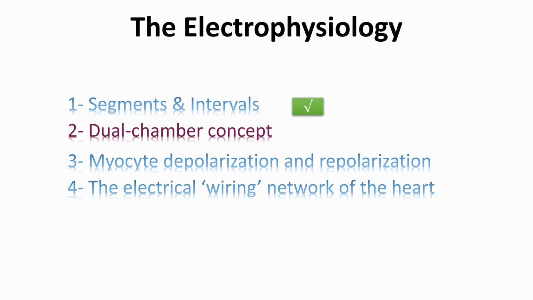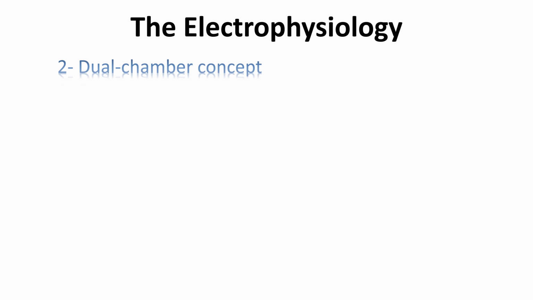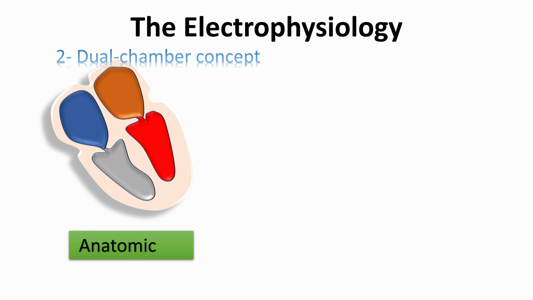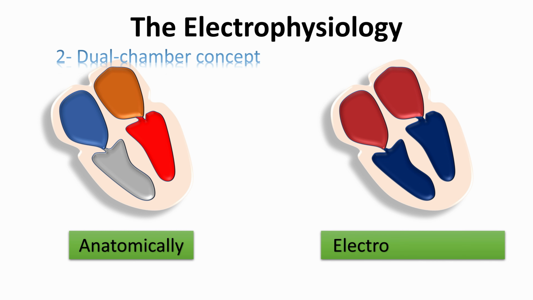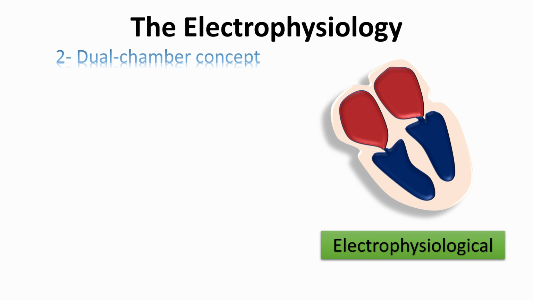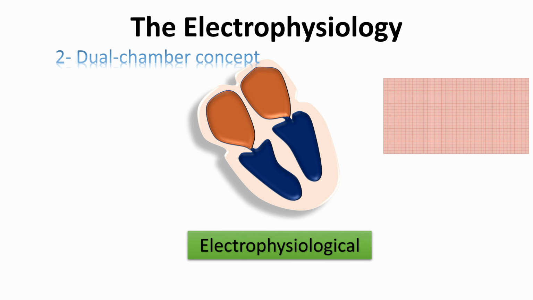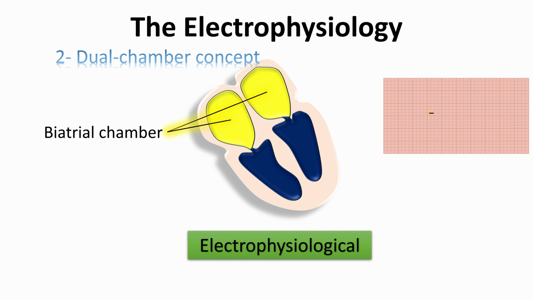So let's start talking about the double chamber concept. Anatomically speaking, the heart is a four-chambered organ, but in the electrophysiological sense, it is actually two-chambered. As per the double chamber concept, the chambers of the heart are the biatrial chamber and the biventricular chamber.